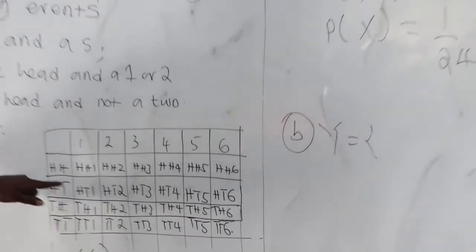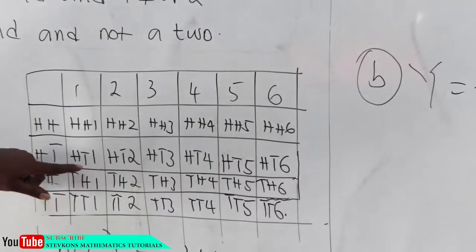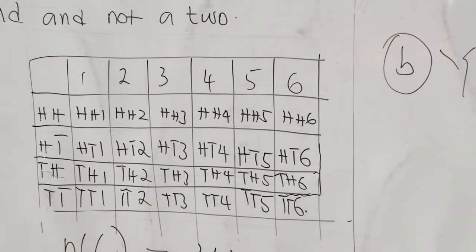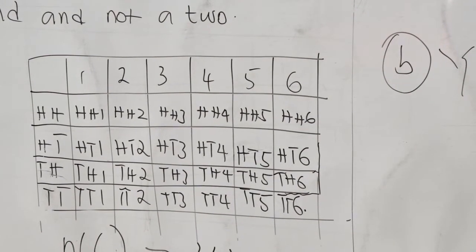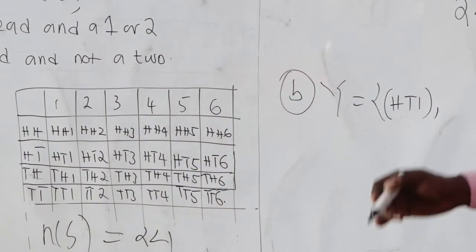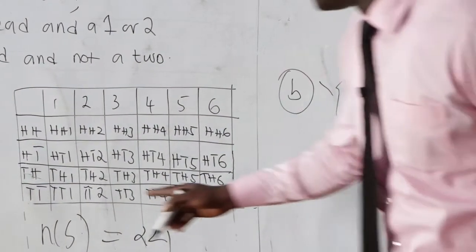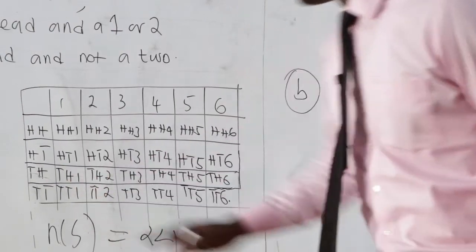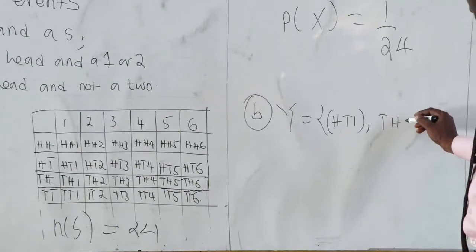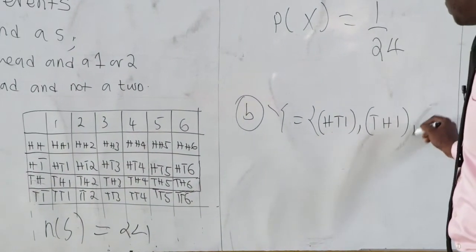Exactly one head and a one or two, so this one is part: head, tail, 1. This is one set. Exactly one head, one or two, so we have this and that.